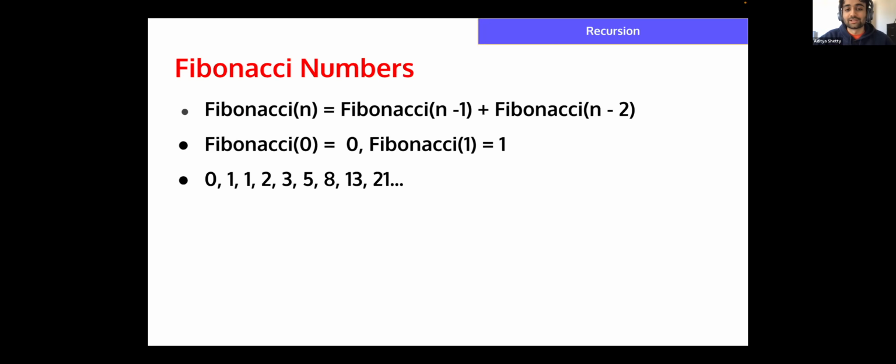The sequence starts out with 0 and 1, and then the next one is 0 plus 1, equal to 1, and then 1 plus 1 is equal to 2, and so on. I'm sure you've seen the images on the internet with the spirals and the golden ratio. So this is the sequence that derives that.